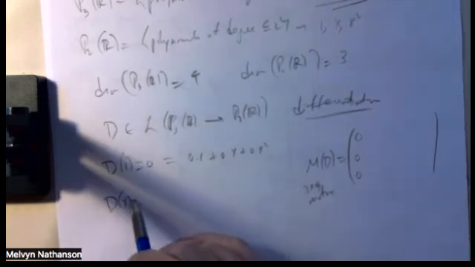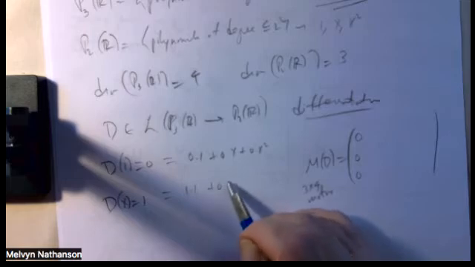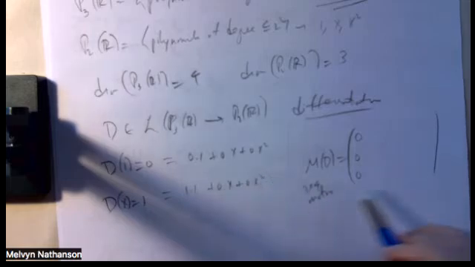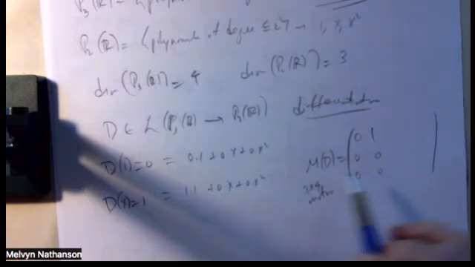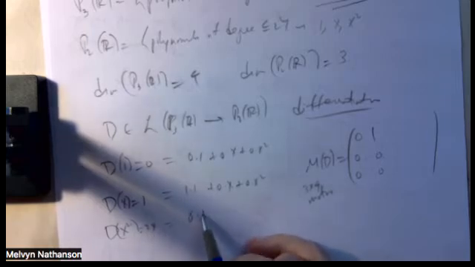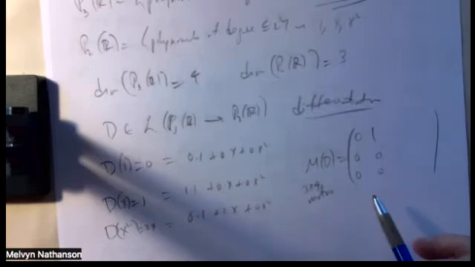The derivative of x is 1, which is 1 times 1 plus 0 times x plus 0 times x squared. So the second column has coordinates 1, 0, 0. The derivative of x squared is 2x, which is 0 times 1 plus 2 times x plus 0 times x squared.